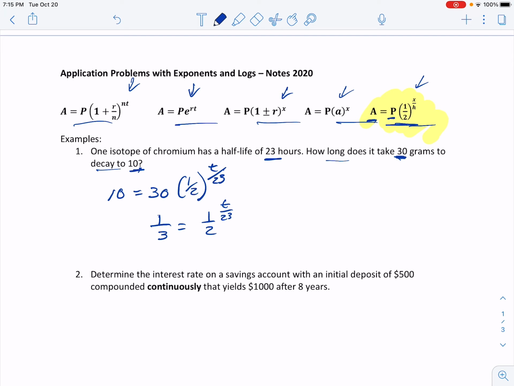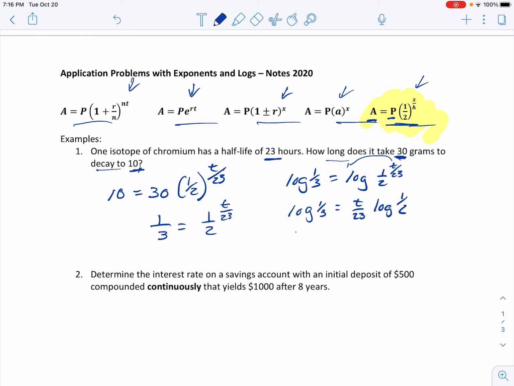Now, I'm going to take the log of both sides. So I have the log of 1/3 equals the log of 1/2 to the T over 23. You bring this exponent to the front. So you have the log of 1/3 equals T over 23 times log of 1/2.